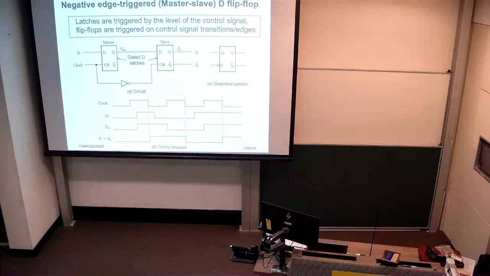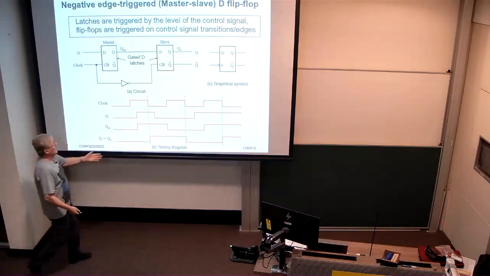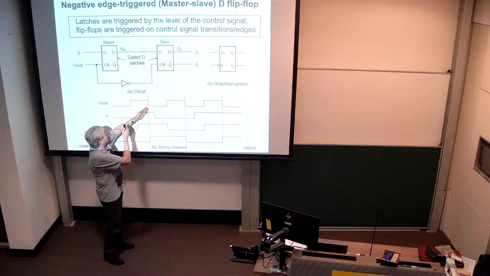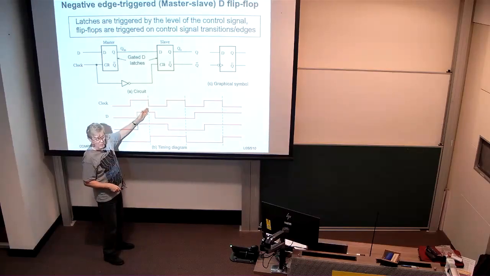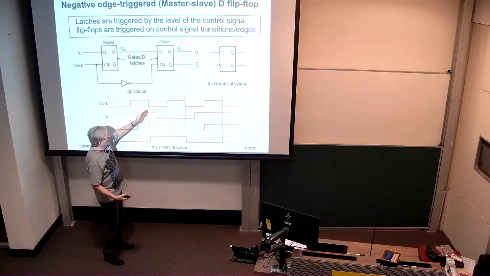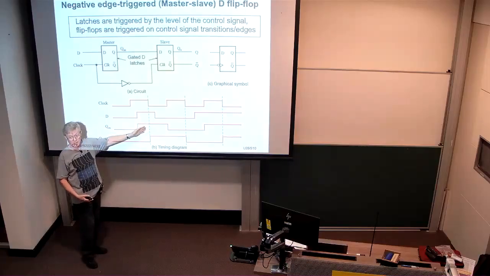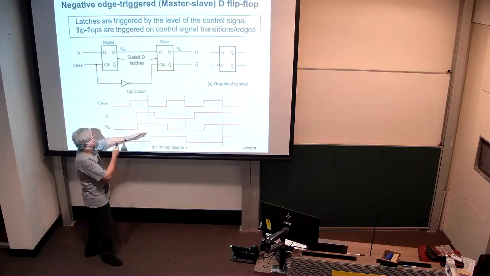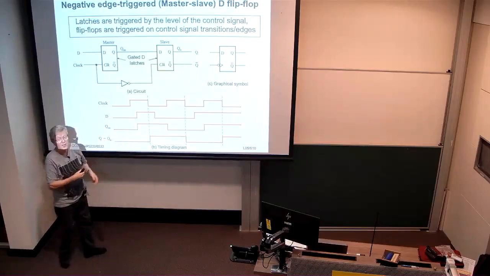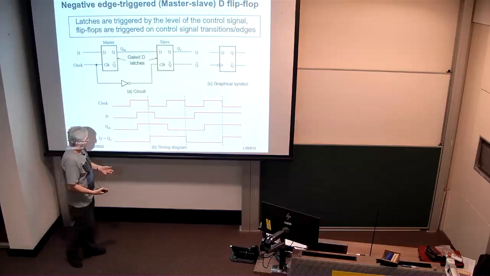But when the clock goes low, it freezes the output QM, because it can't change any further. Whatever it was before the clock went low, that's where QM remains until the clock goes high again. So for the period that the clock is low, the QM value is stable, it can't change.